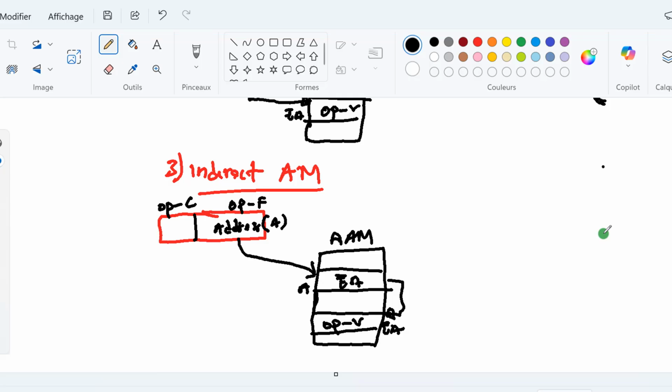So the operand field does not have the effective address, but it has an address, and at that address location we have the effective address, and from the effective address we can access the operand value. So in indirect addressing mode, we access the memory twice. Don't forget that. The operand field contains the address of the effective address, which contains the operand value.